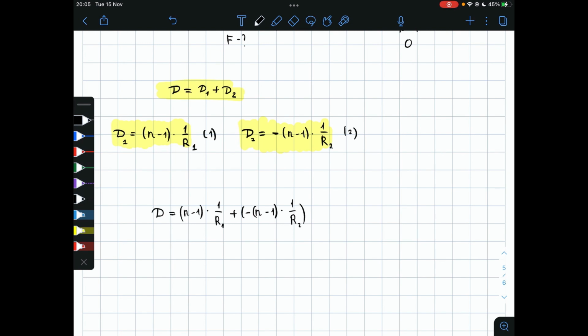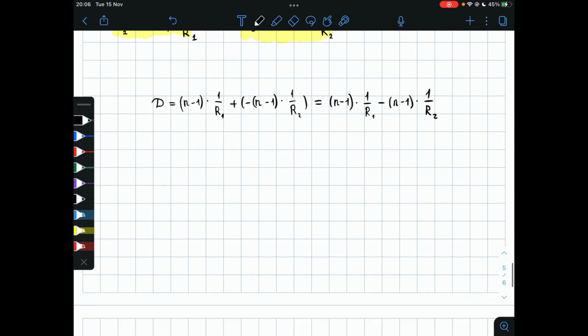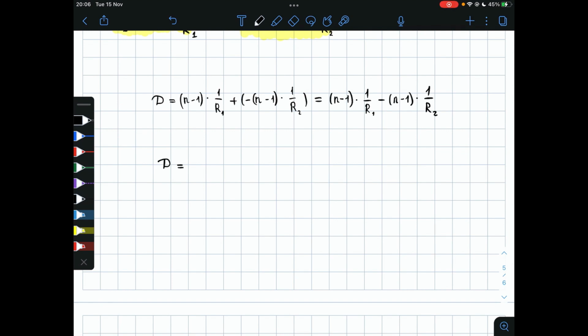It means my formula will be n minus 1 multiplied by 1 over R1, minus n minus 1 multiplied by 1 over R2. Or I can write it as D is equal to n minus 1 times 1 over R1 minus 1 over R2.